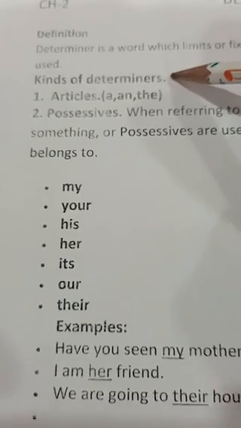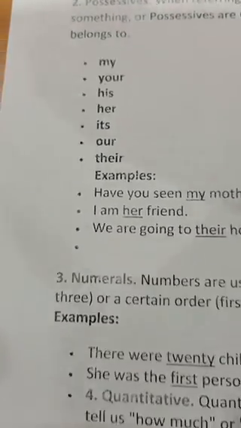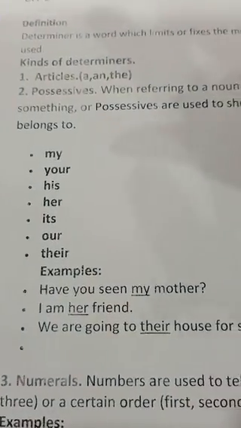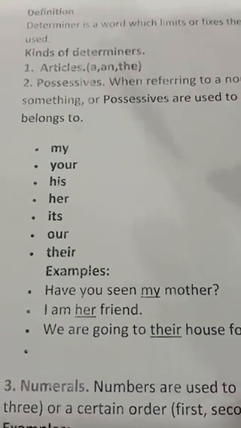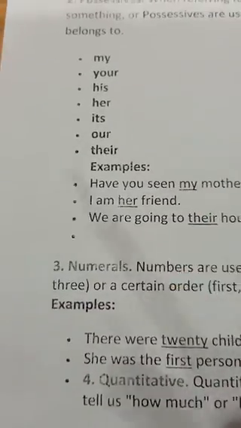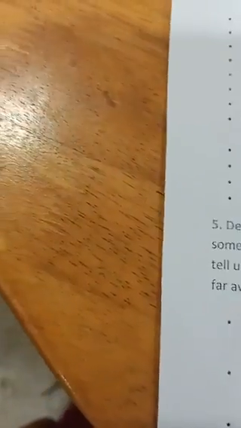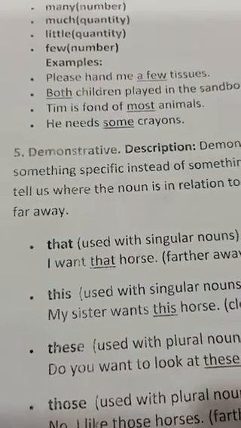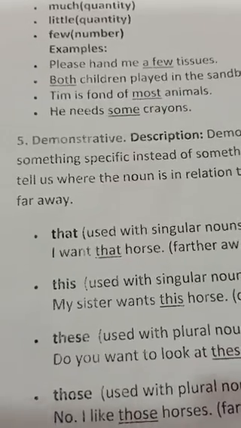Now let us see what the various kinds of determiners are. Students, there are five determiners. First one is your article, next is possessive, third is numeral, fourth is quantitative, and the fifth one is demonstrative. So there are a total of five kinds of determiners.